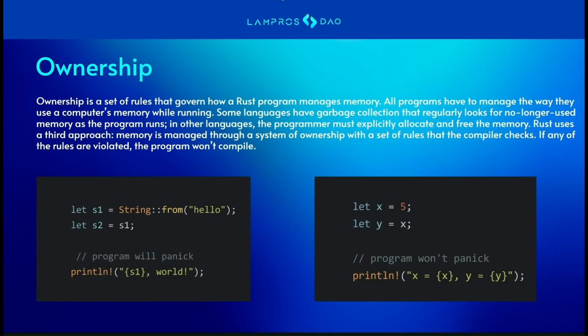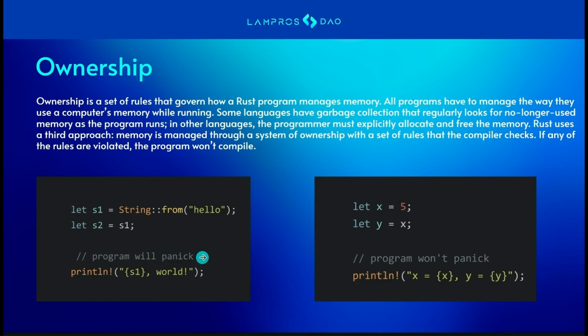Here we have declared a string hello in s1 and passed that value from s1 to s2. What happened here is that first hello's ownership was with s1, but now hello's ownership has been transferred to s2 and s1 will be freed from memory. So now the s1 variable is not there in memory. If you try to print s1, the program will give an error. In Rust, errors are called panics.